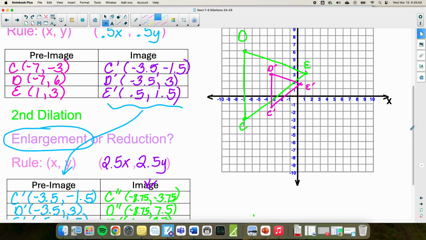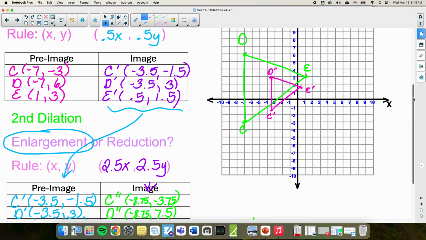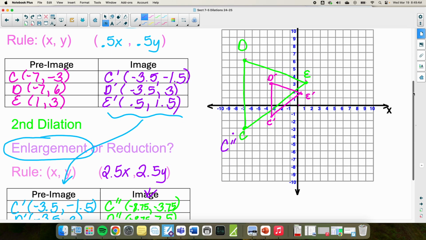So what I would do first is my negative 8.75, negative 3.75. Should be right here. This would be C double prime. Then I would go negative 8.75, positive 7.5, which is right there.